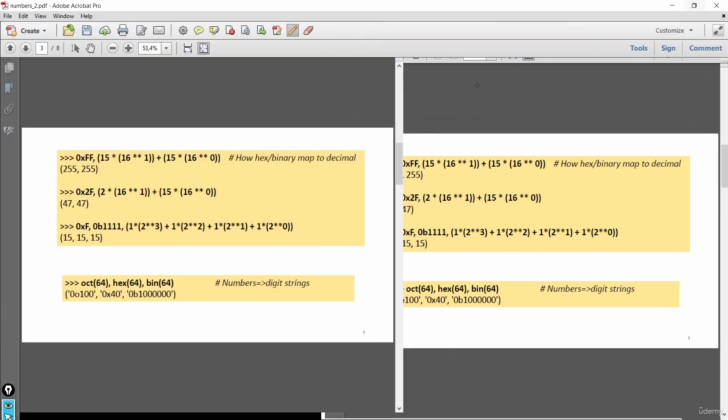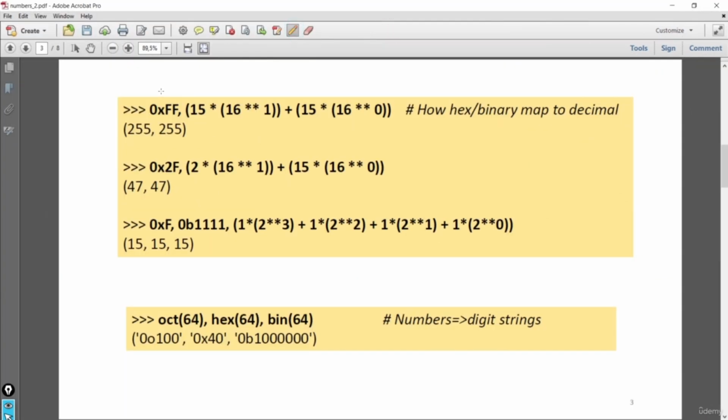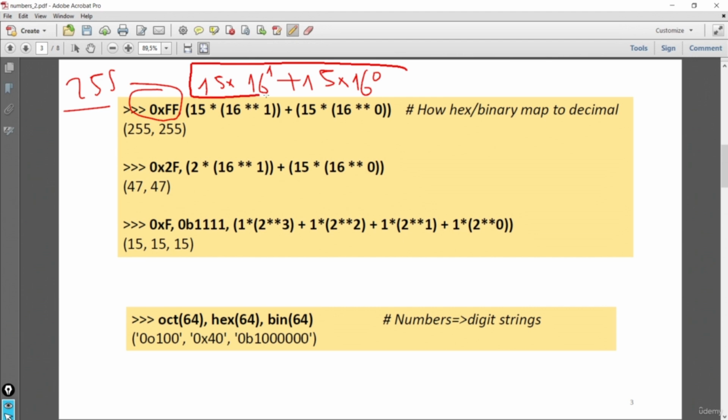Let's inspect this screen. As I just said, this is 255. How do we calculate it in Python? Okay, 15 multiplied by 16 to the power 1 plus 15 multiplied by 16 to the power 0. How can we write it?